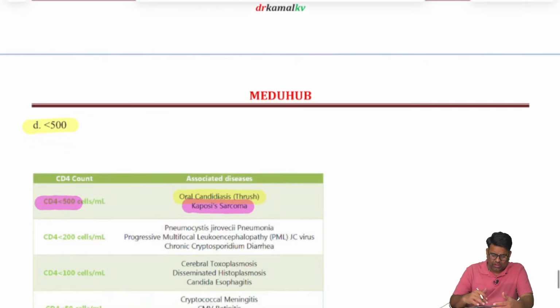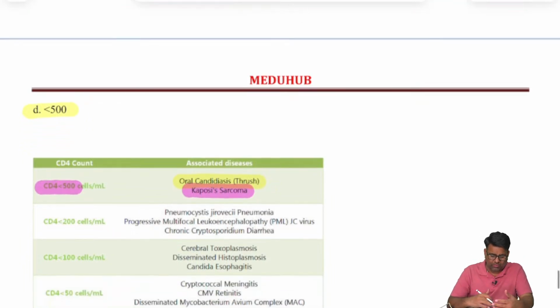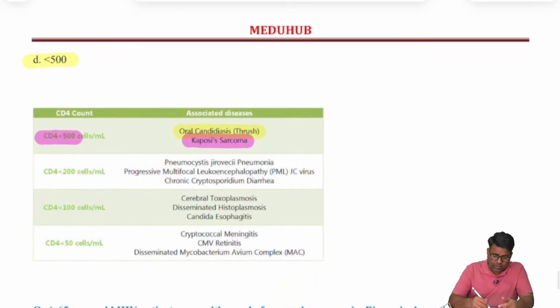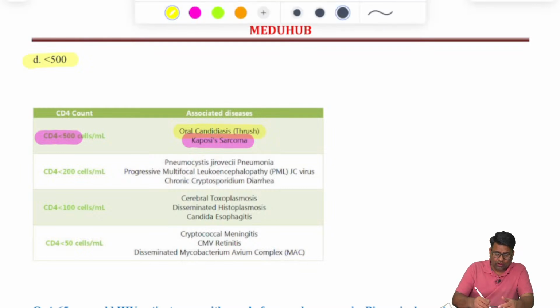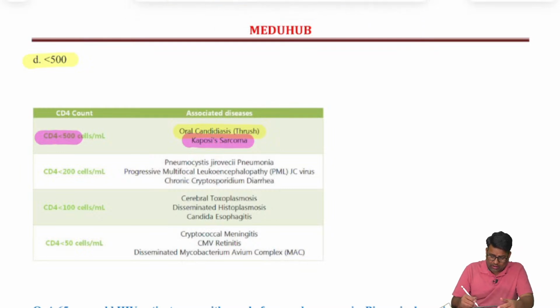So if you can just memorize this whole table, I think it will be very important, because many times we have questions from this segment, where with respect to a particular condition it is asked what the count will be in an HIV infected person. So this is one important thing. For Kaposi sarcoma, it is less than 500, and sometimes they ask about MAC, that is Mycobacterium avium complex, where the CD4 count is also very important, or CMV retinitis, cryptococcal meningitis.